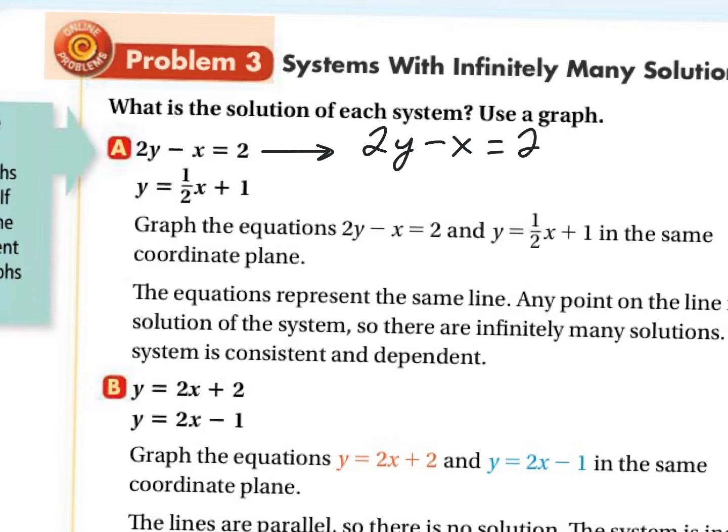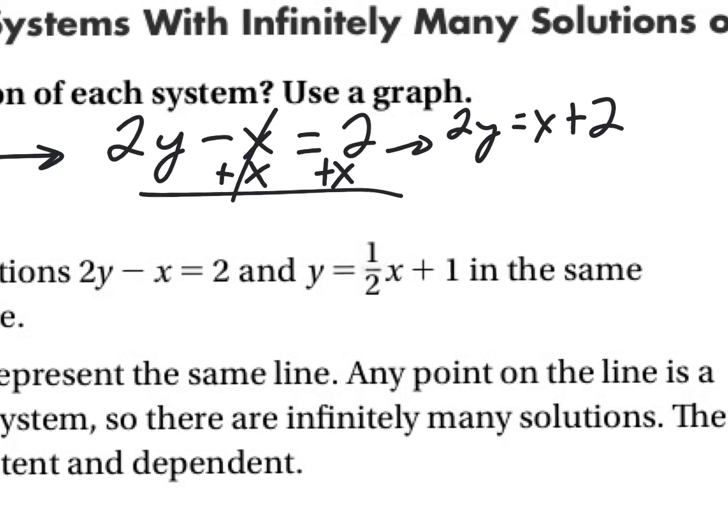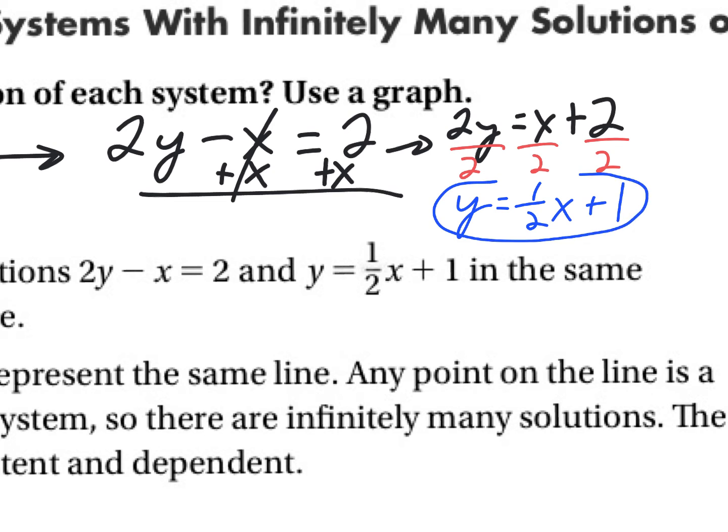This first equation is not y equals something, so we'd have to get it into that slope-intercept form. So first you can add x on both sides, and then you could divide everything by 2, and then that could be your equation. So that would be y equals 1/2 x plus 1, or y equals x over 2 plus 1 if you want.